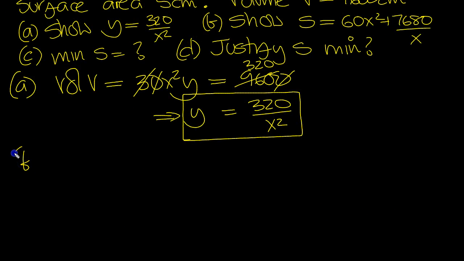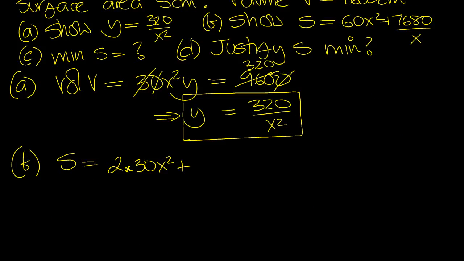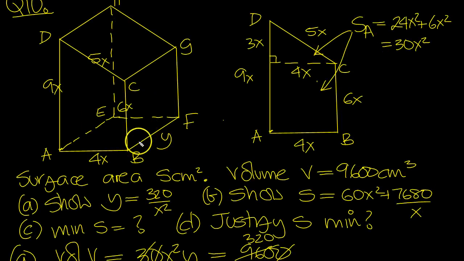So B, S is equal to 60, 2 lots of 30x squared, plus, and then all the strip in between is basically rectangles. This one, this one, this one, and this one. Length times breadth. This is y all the way along, all 4.